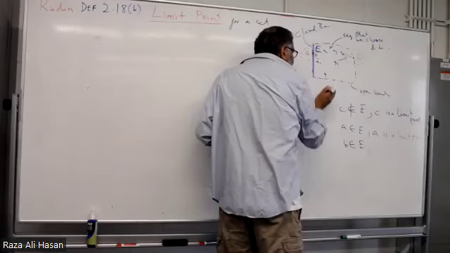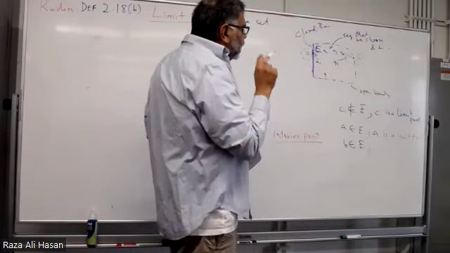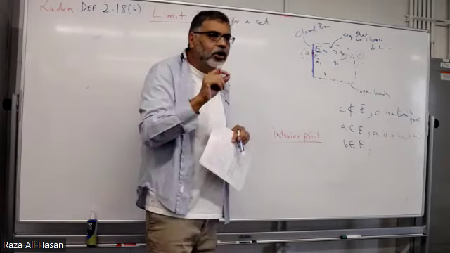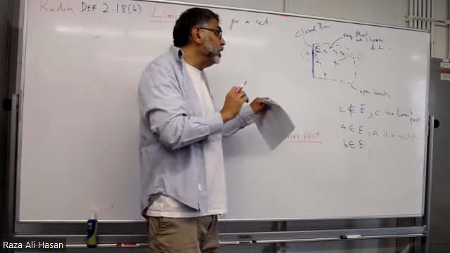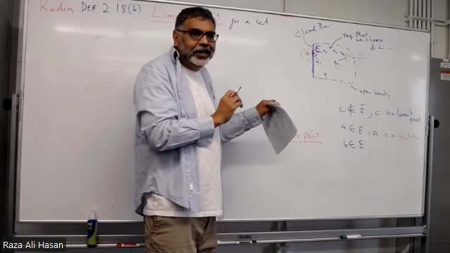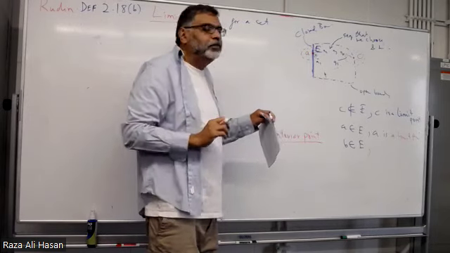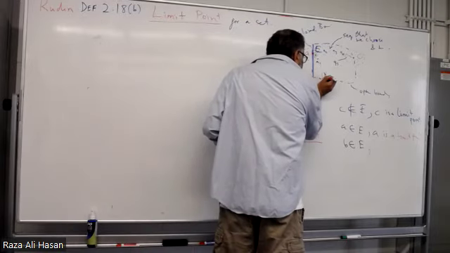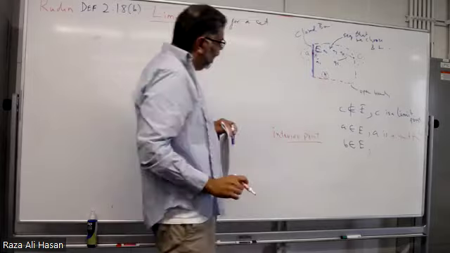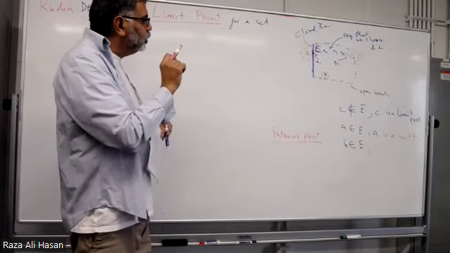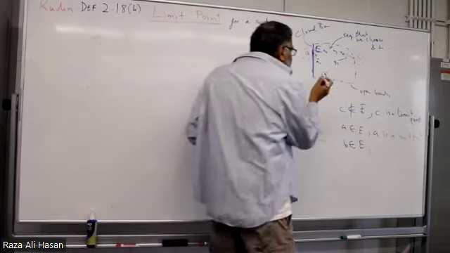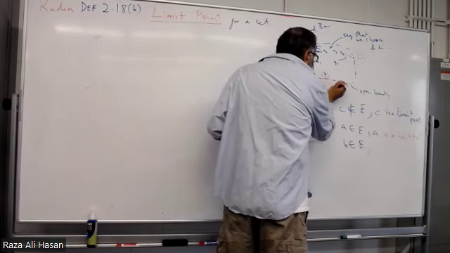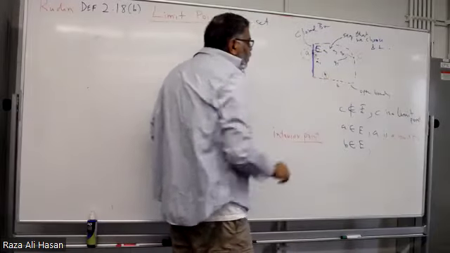If I draw a ball around B and that ball is contained within the set E, then point B is an interior point. What if I put the point B right on the open boundary?